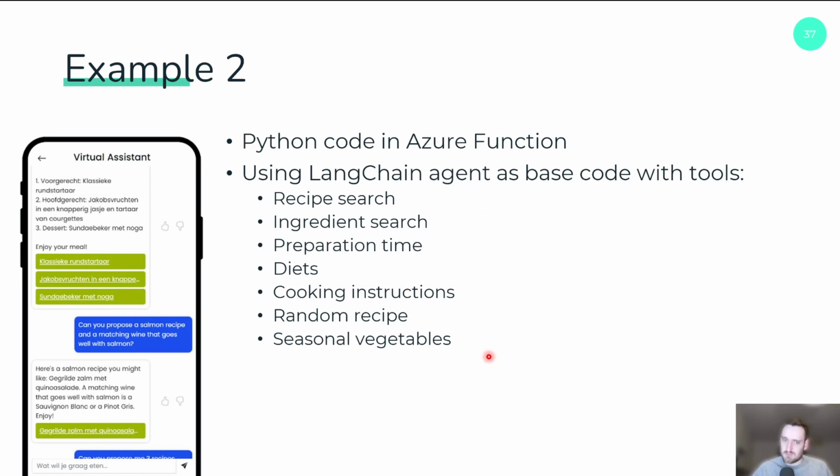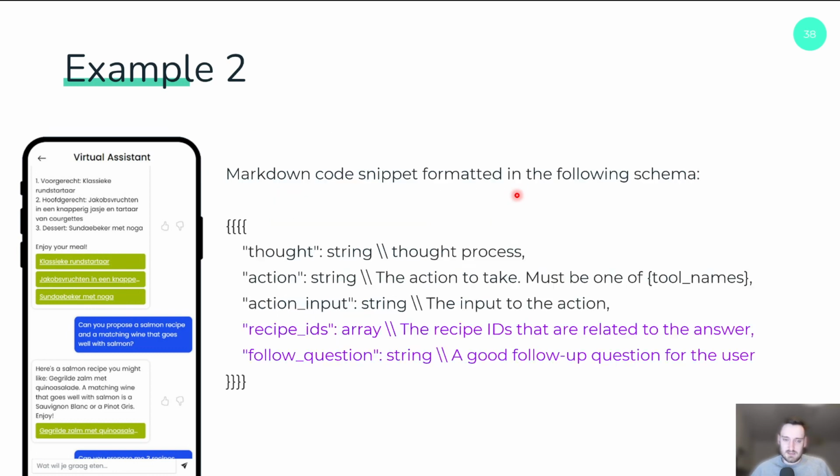All these tools combined added lots of flexibility and lots of possibilities. And these tools could also be looped, right? So first, for example, the agent could look up the seasonal vegetables, and then it's going to do a recipe search using these seasonal vegetables.